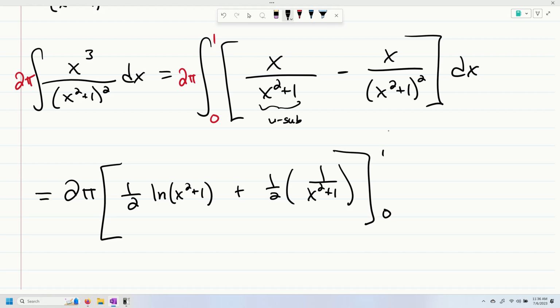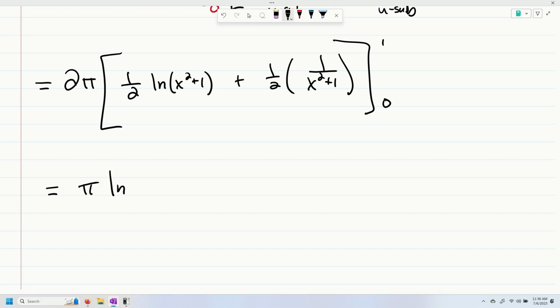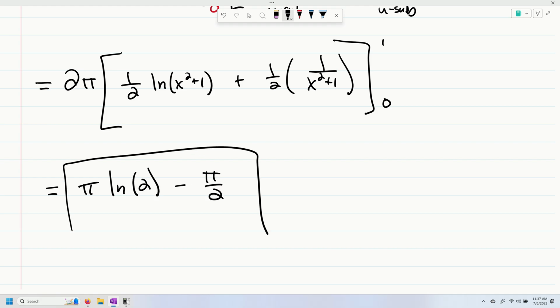And all this is evaluated between 0 and 1. So when you substitute in your limits of integration and simplify, you are just going to end up with pi times the ln of 2 minus pi over 2. And that's going to be our final answer, and it's going to be the end of this video.